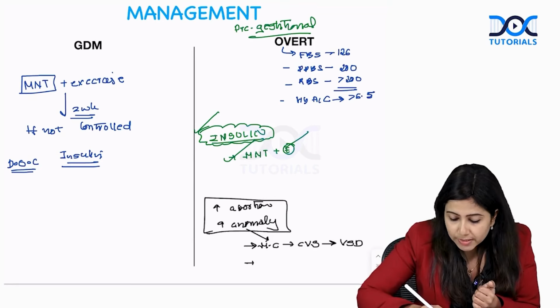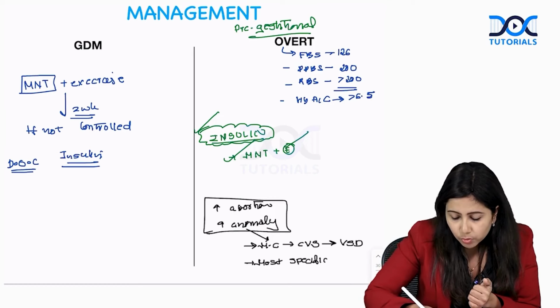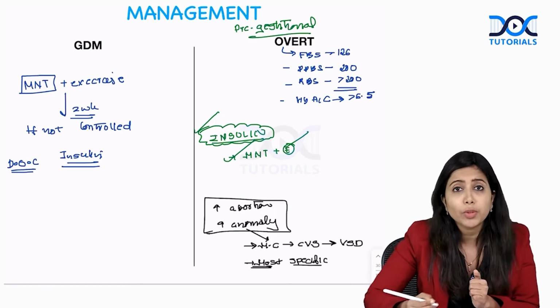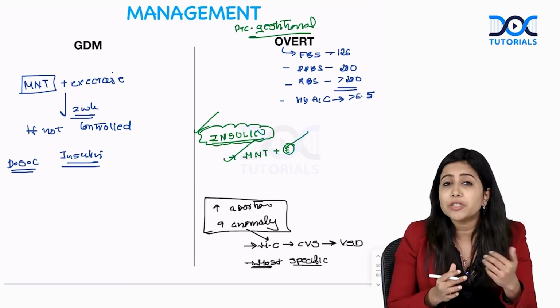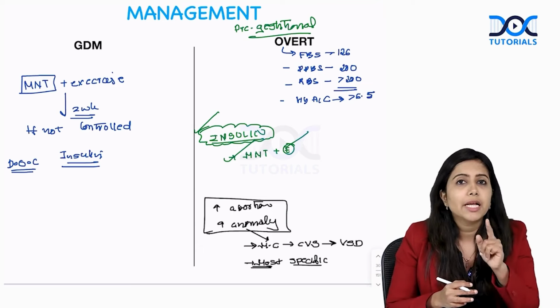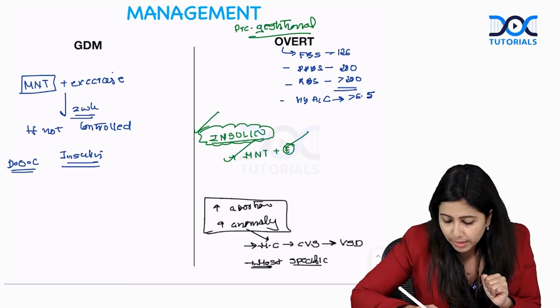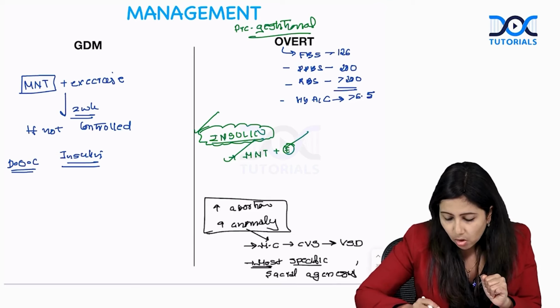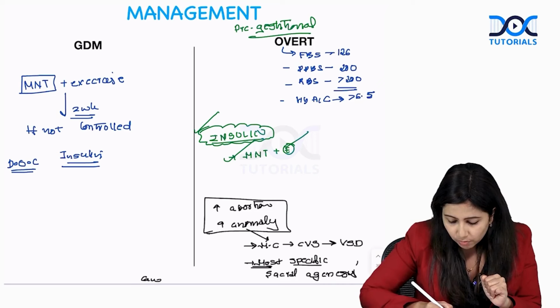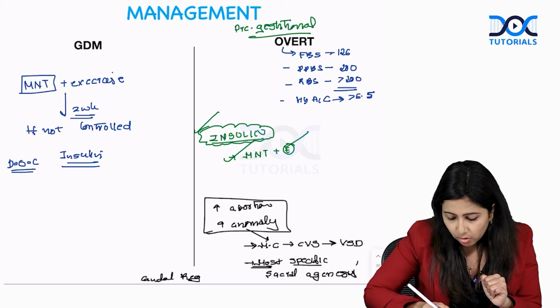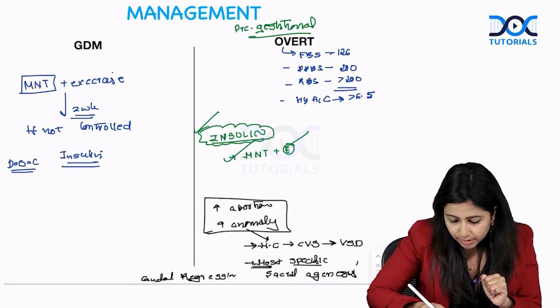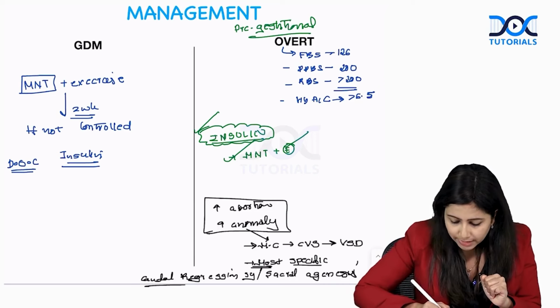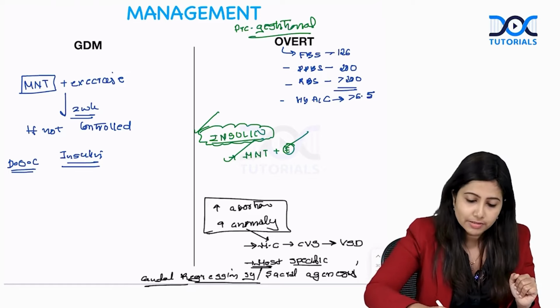But if they are asking what is the most specific anomaly overall associated with overt diabetes or pre-gestational diabetes, your answer is going to be sacral agenesis, also known as caudal regression syndrome.